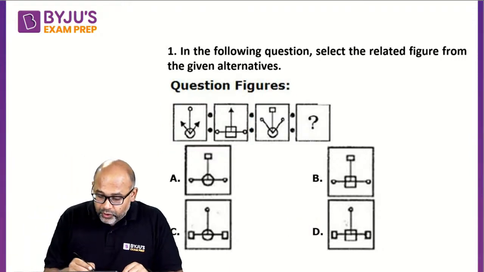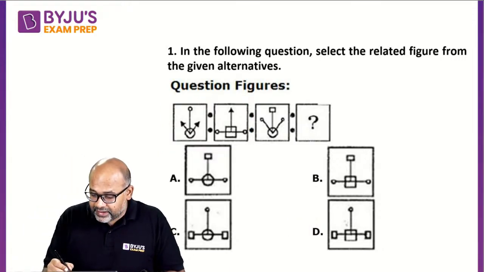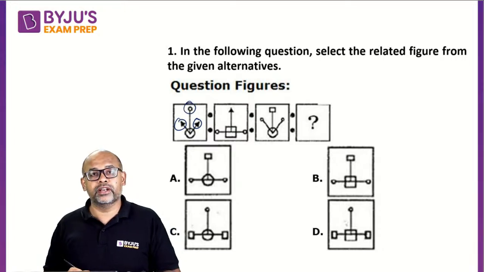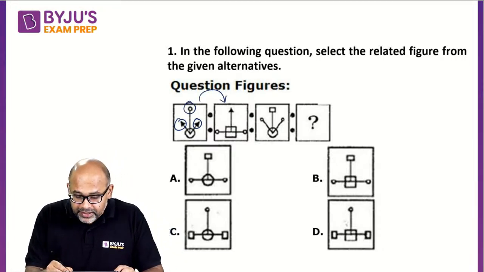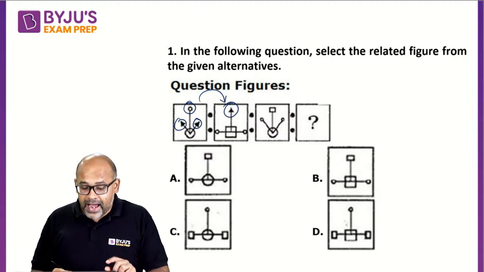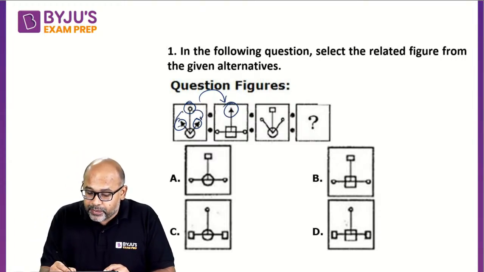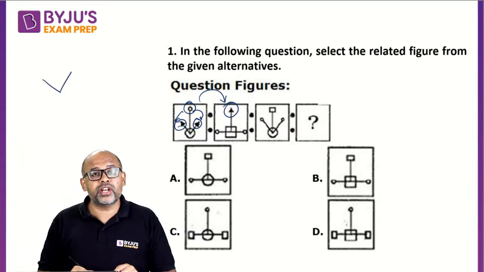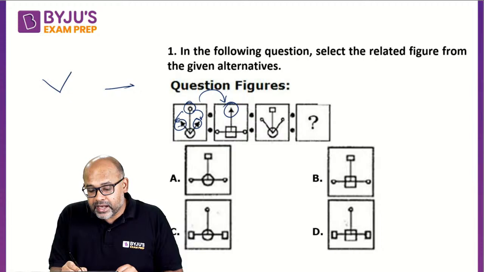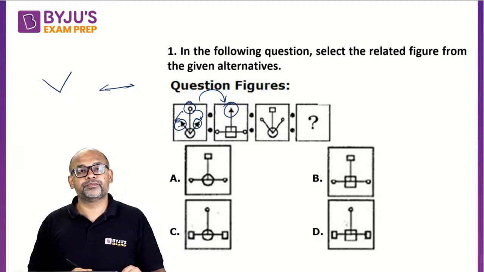If you notice, what is happening here is that you have two arrow marks and one circle. In the second figure, in place of the circle you got an arrow mark, and the arrow marks are replaced by circles. Not just that, you had a V shape, and in the second figure it became perfectly horizontal.